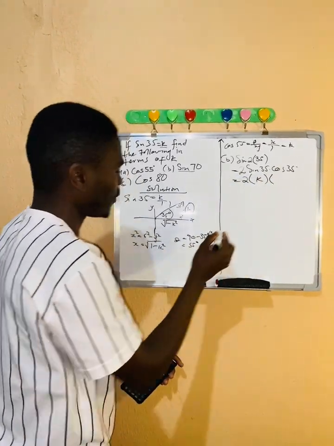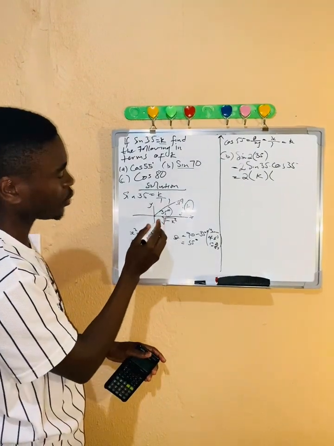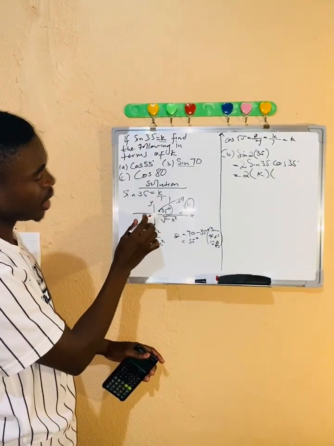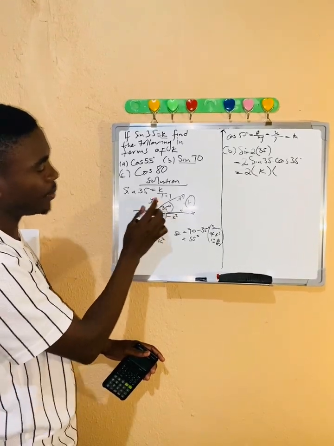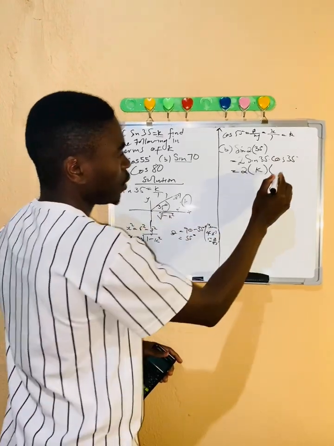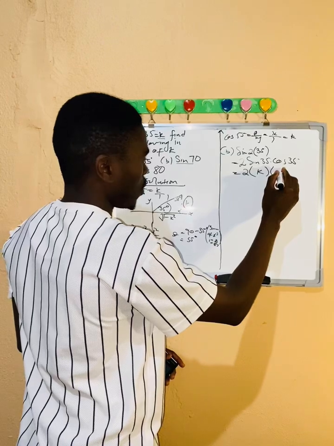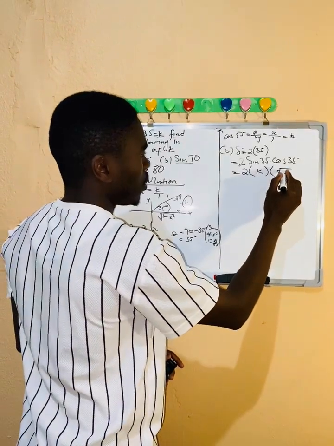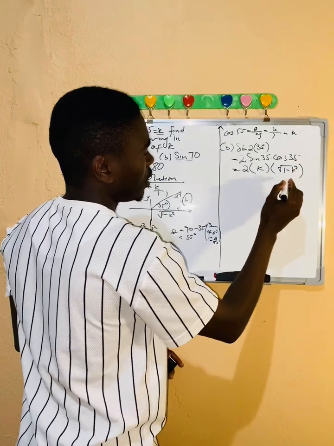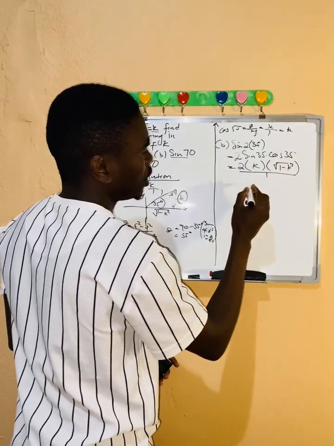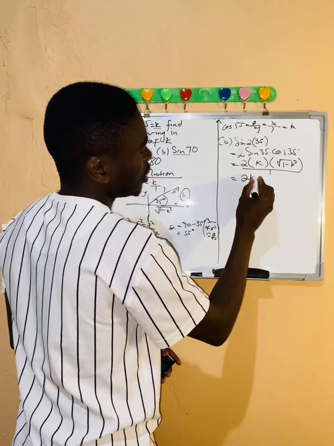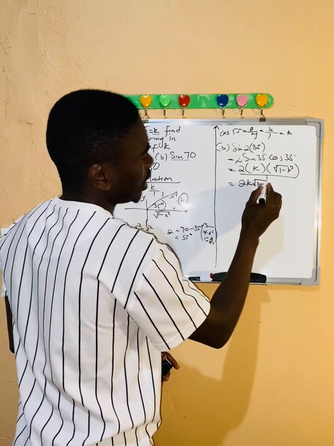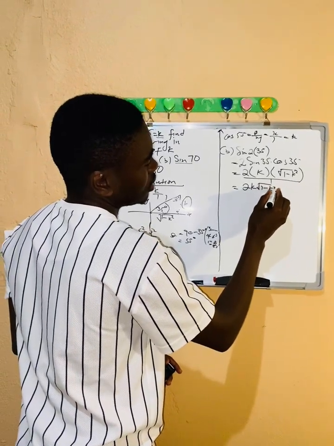What is cos 35? We look for cos 35, which is adjacent over hypotenuse, which means it is root 1 minus k squared over the hypotenuse. Therefore, it's going to be 2k root 1 minus k squared.